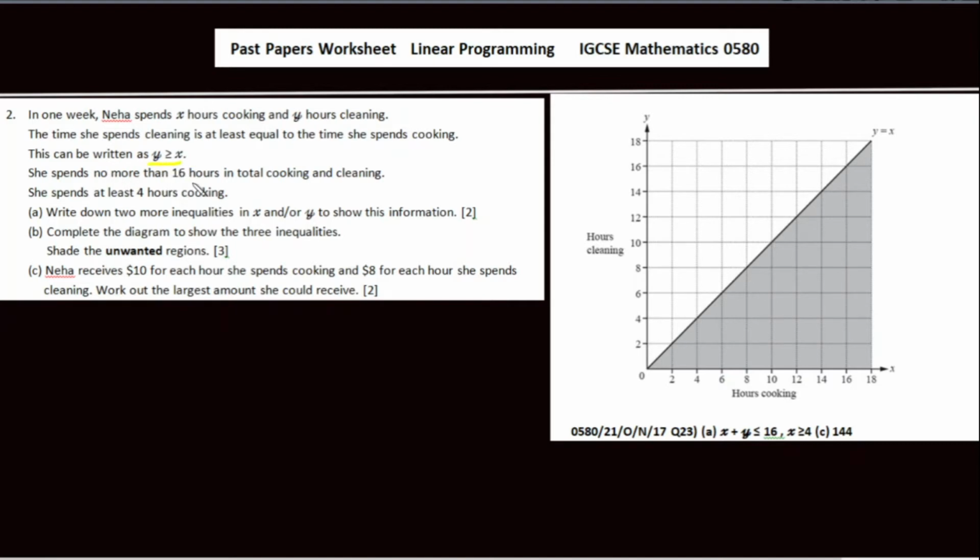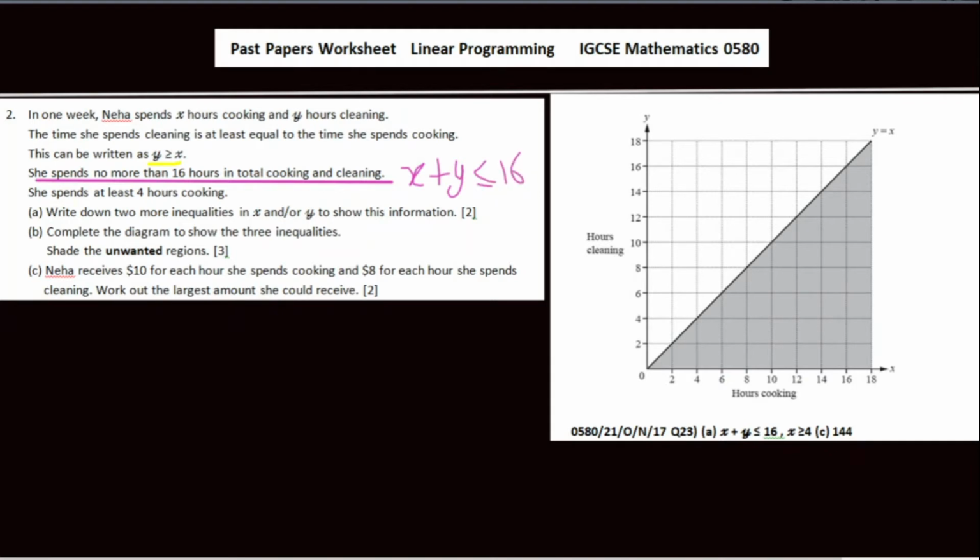She spends no more than 16 hours in total cleaning and cooking. So how do I write this in the form of inequality? That means the sum of x and y would be less than or equal to 16.